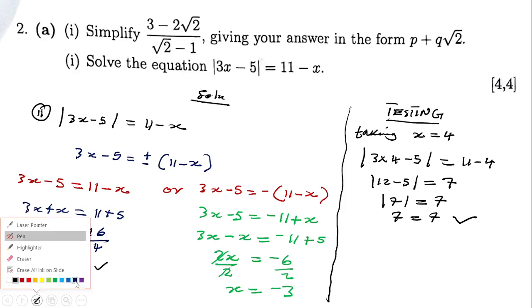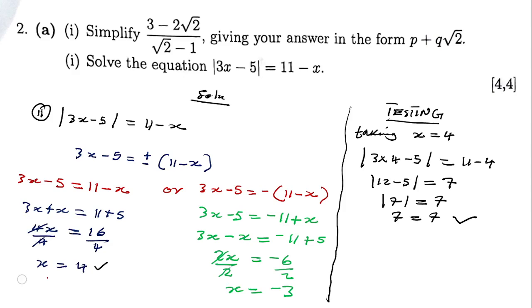For the other one, we are going to take x equal to -3. When x is equal to -3, you plug in there: 3 times -3 is -9, minus 5, and then 11 plus 3, because here it will be -3.